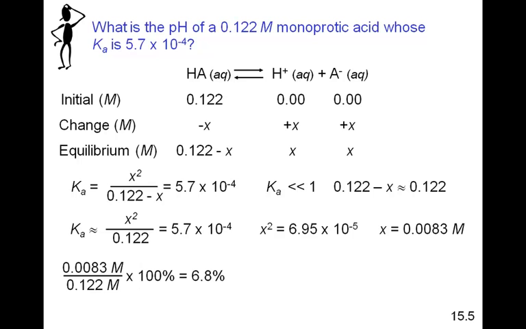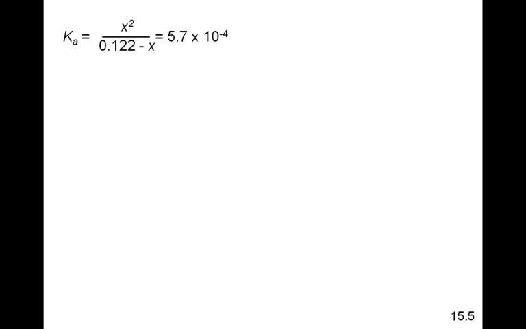Which we can see is greater than 5% of the 0.122. So that means we cannot solve it using this approximation. We will have to use the quadratic equation, or the method of successive approximations, which you should ask me about.